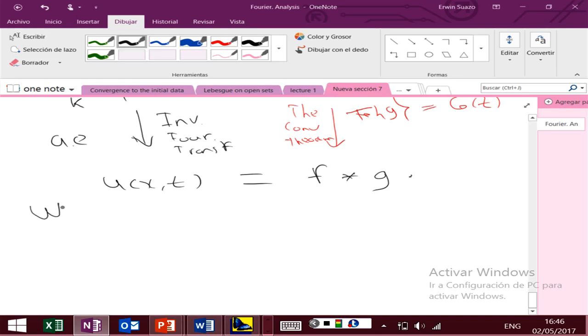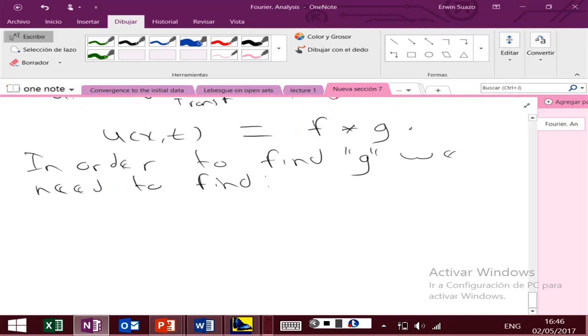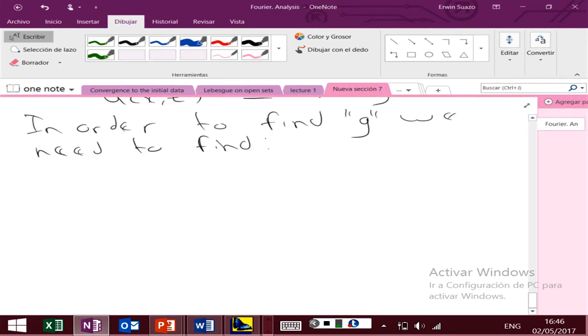In order to find small g, we need to find the Fourier transform inverse of G of t.